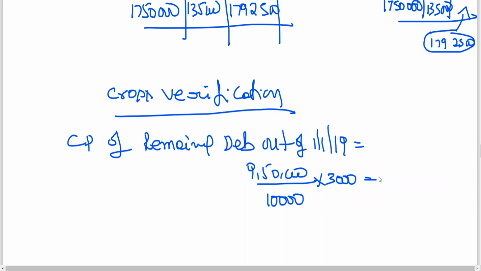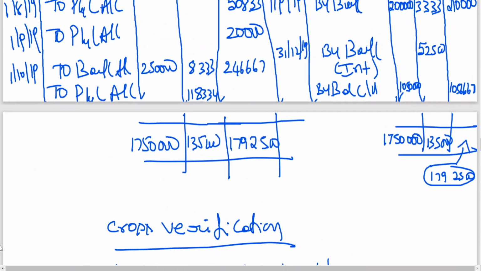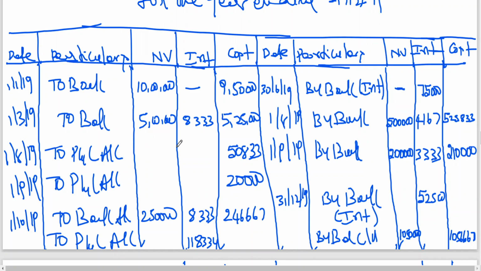9,50,000. Even if you want to go by FIFO method, you should get the same answer. Even individually, if you do 9,50,000 by 10,000 into 3,000, 2,85,000. Then you got second time purchased. I think this has not been sold, so this is as it is.